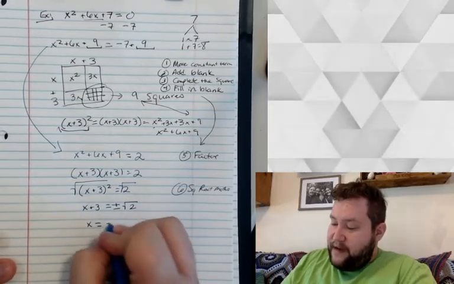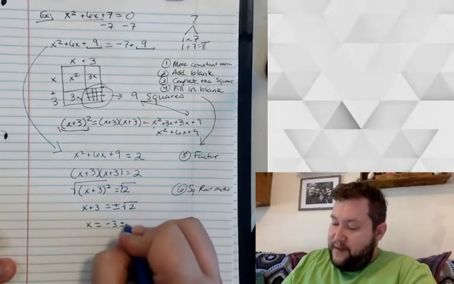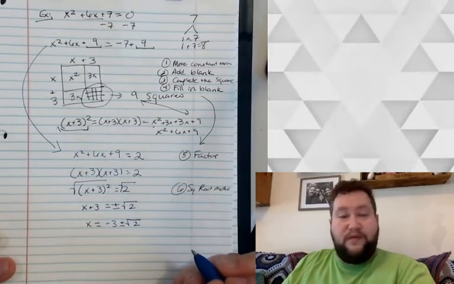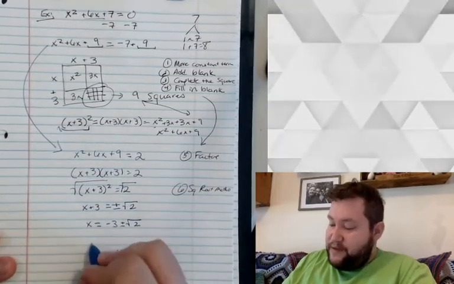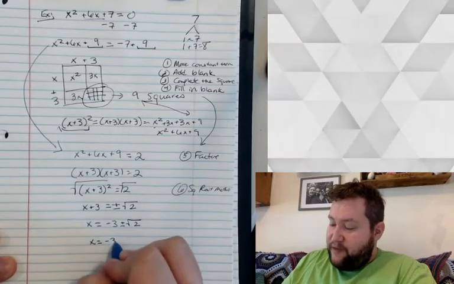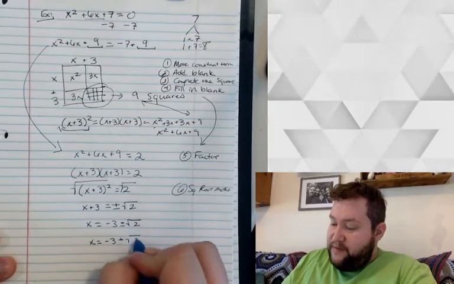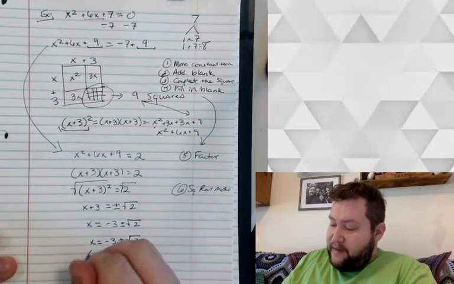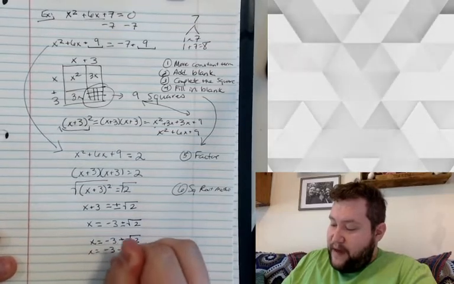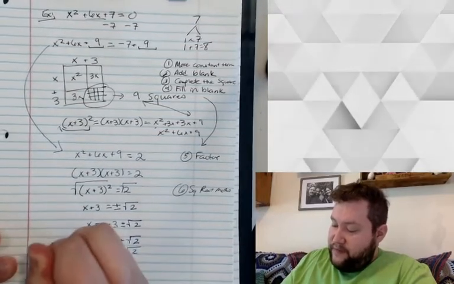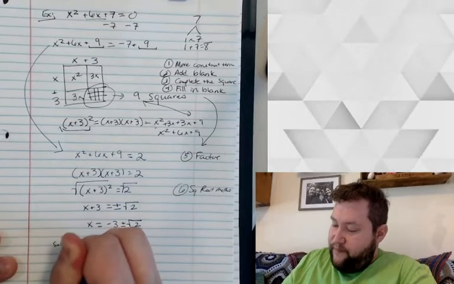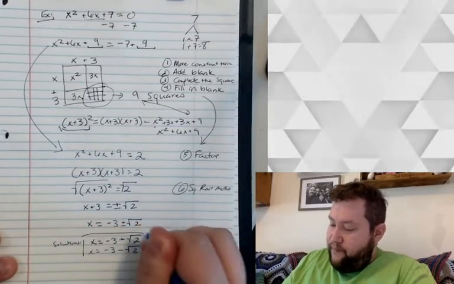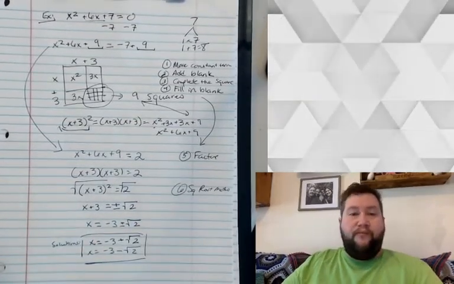X equals negative 3 plus or minus the square root of 2, which means that our two solutions are x equals negative 3 plus the square root of 2 and x equals negative 3 minus the square root of 2. So solutions.